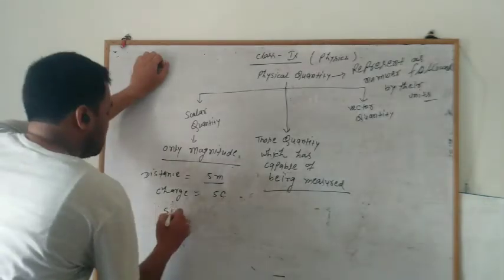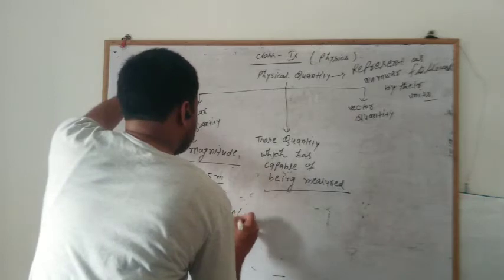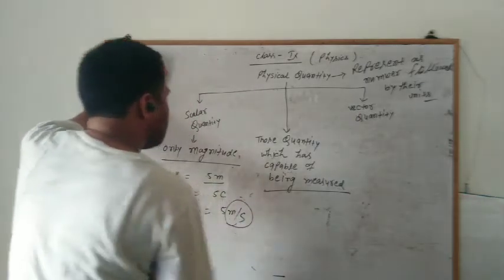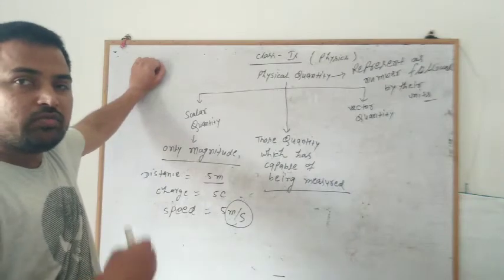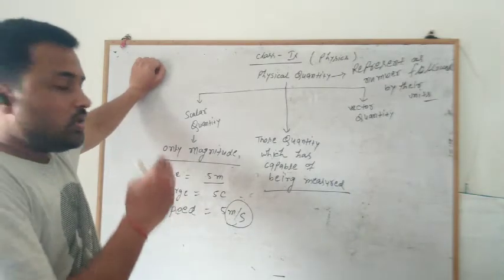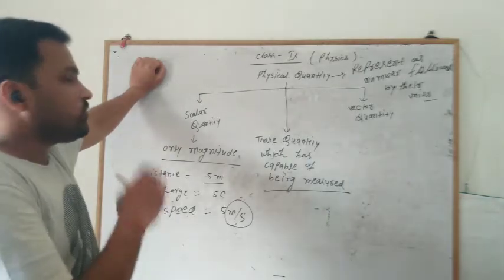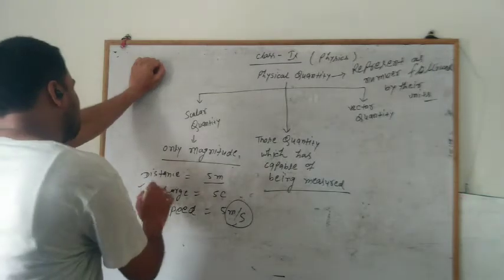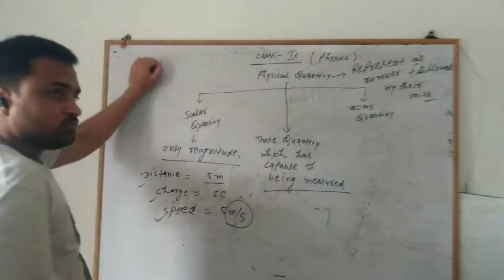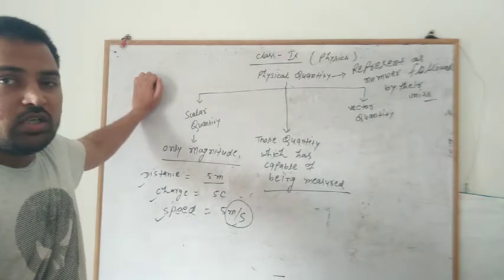Okay, so speed is also a scalar quantity, like 5 meter per second. So meter per second is the SI unit of speed. The 5 is the magnitude. So the magnitude is followed by units. If there is only the magnitude followed by its units, then those physical quantities are known as scalar quantities. Here are some examples: distance, charge, speed. Understand? Right? The electric potential, right?